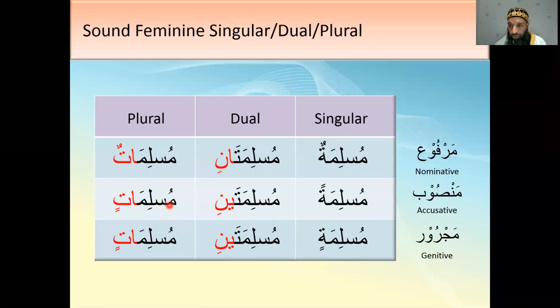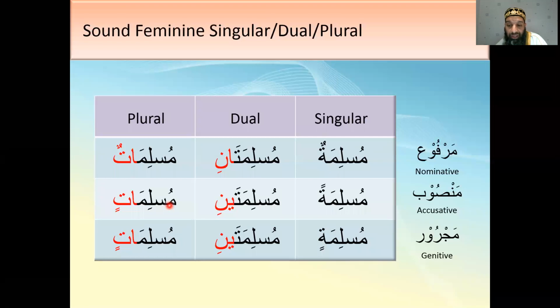Okay, so hafizatun, female hafiza, preserver. How do you say two hafizas?